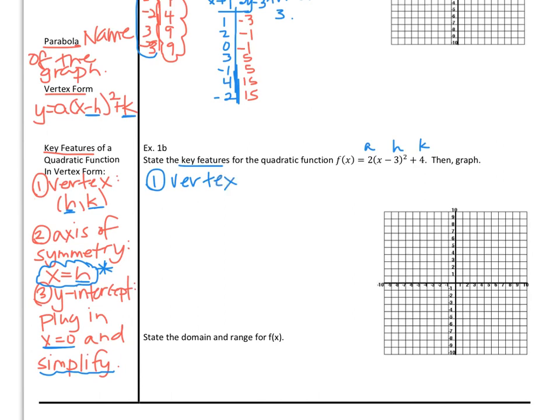Describing the transformation helps us determine the vertex. If it's x minus 3 on the inside, that means we go right 3. And the x-coordinate of the vertex would go right accordingly. So it starts with 3. Whatever's on the outside is how far up or down we go. So, when we described it, we'd say up 4. So then the vertex would be 4 for the y-coordinate.